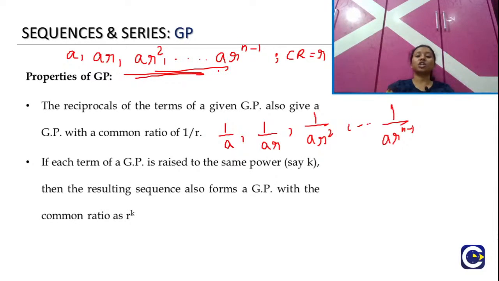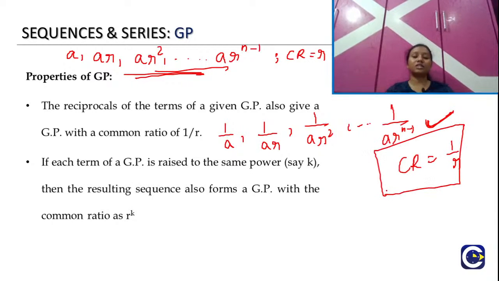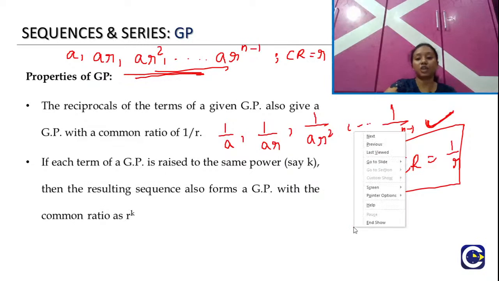The property states that this resulting progression also will be a geometric progression with a common ratio equal to 1 by r. That you have to keep in mind.